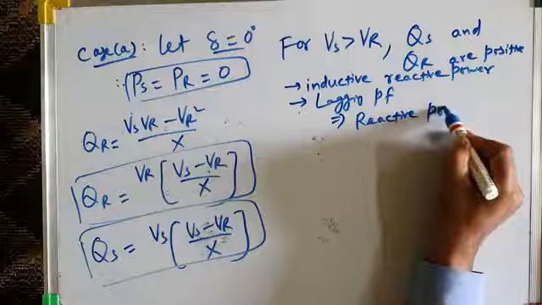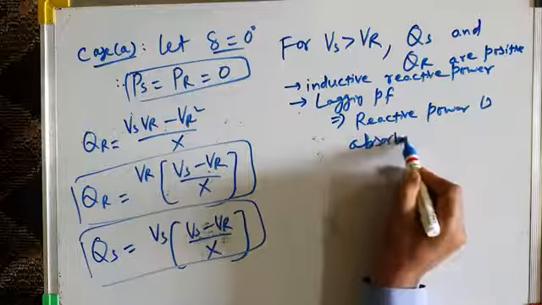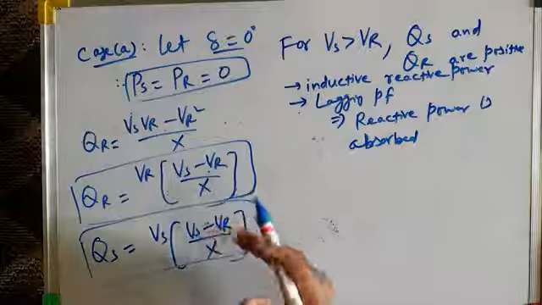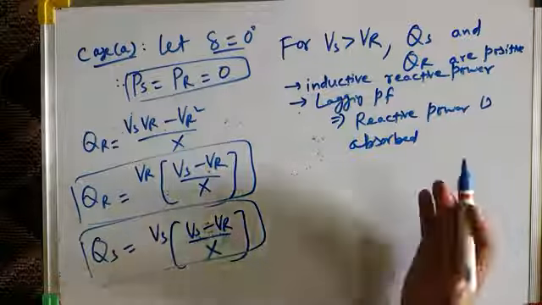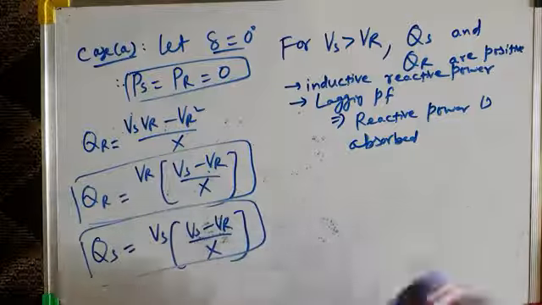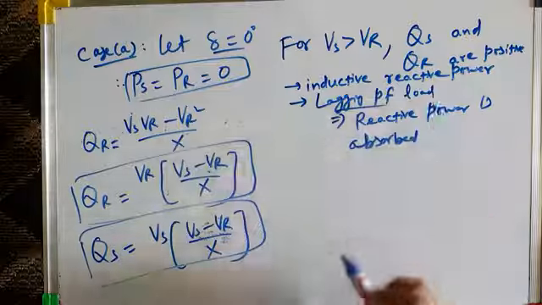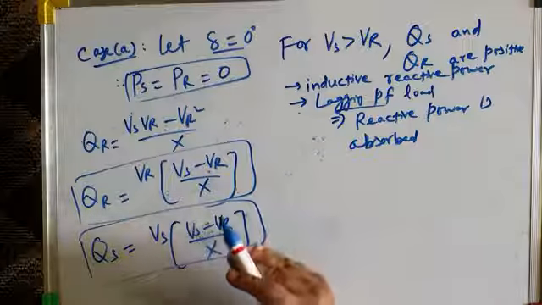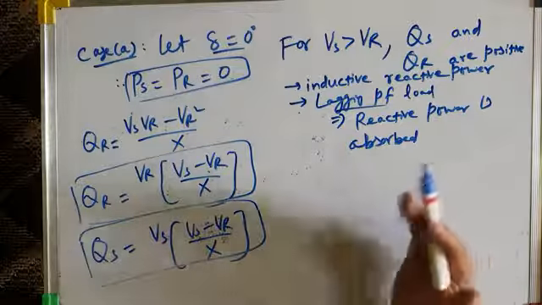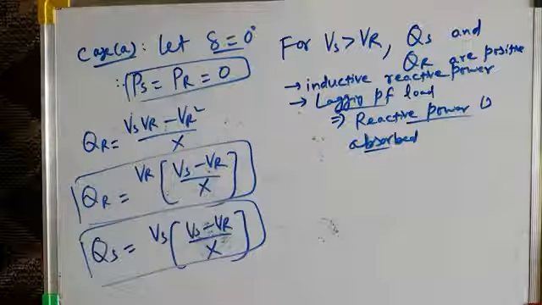There will be reactive power generated at sending end, and some reactive power generated at receiving end, and these reactive powers are absorbed by the load. Your load itself is reactive in nature. It's a lagging power factor load, and it demands reactive power. So there will be reactive power generated at sending end as well as at receiving end, and this reactive power will be absorbed by the load.